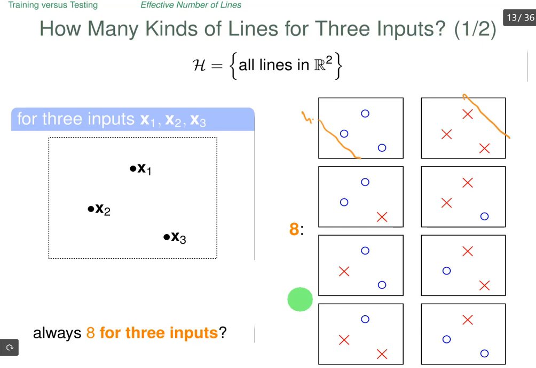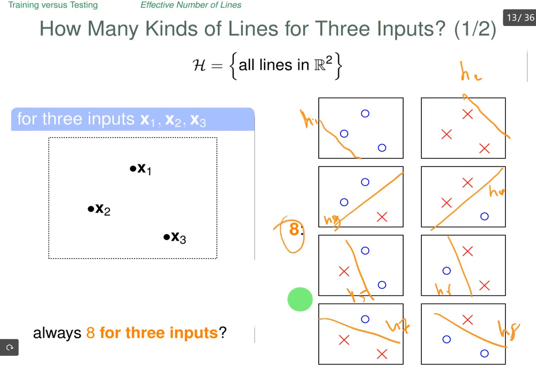Or we can have a group of hypotheses that will label them all red points, H1, H2, or all the hypotheses that will label them as 2 blue, 1 cross, okay? Or H4, for example, H5, H6, H7, H8. And in total, we can say that we have 8 different kinds of hypotheses for 3 inputs.